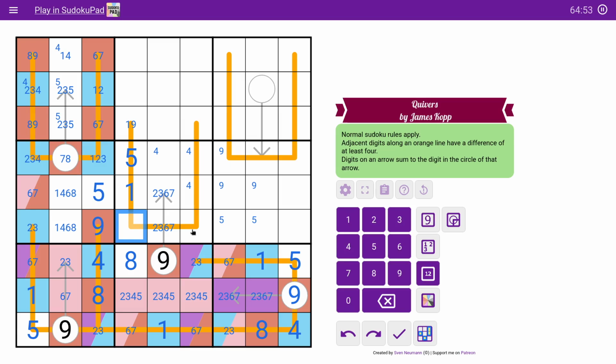1, 6, 7. 2, 3. 8. 2, 3, 4. 9. 2, 3, 4. And Peach sees both the 6 and the 7.